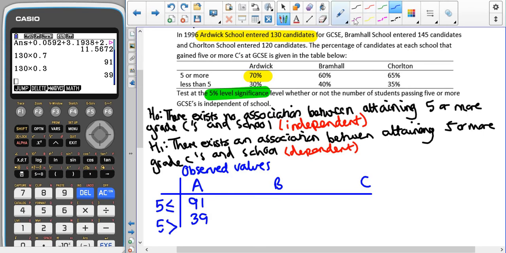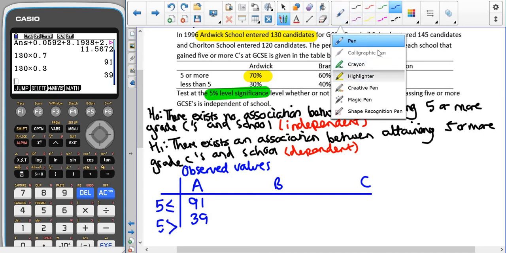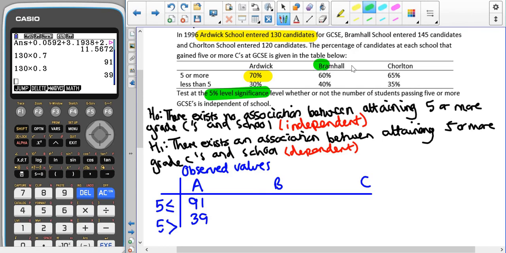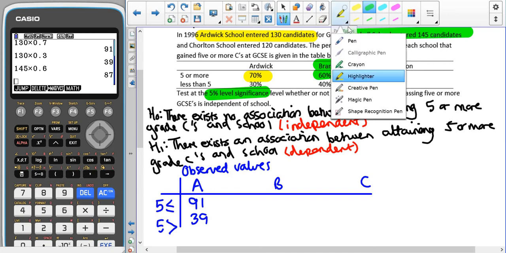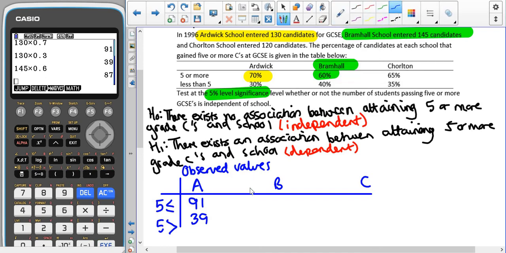So then we're going to have a look at the next school. So the next school was Bramhall. Bramhall entered 145 candidates, and 60% of those got 5 or more. So again, 145 this time, times 0.6 for our 60%, which gives us 87. And then 145 times 0.4 for the less than 5, which gives us 58.